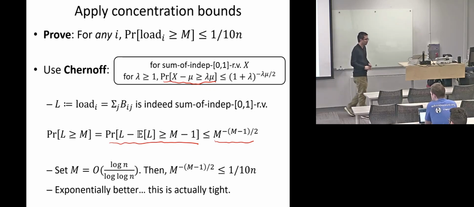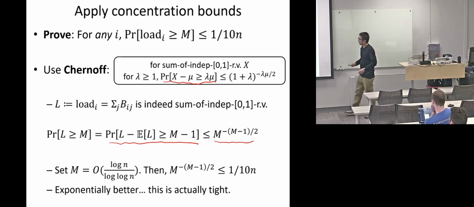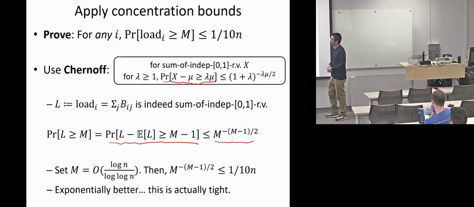So you see the Chernoff bound is just so strong. It gives you an exponentially better bound. So now you can conclude that with 90% probability, no bin will have more than log n over log log n.